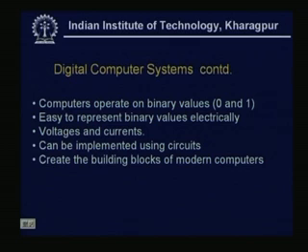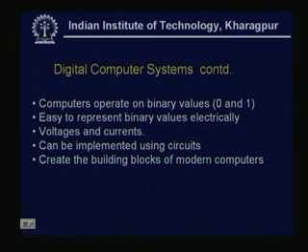Again, computers operate on binary values 0 and 1. Now, why is binary used? Because it is easy to represent electrically. Already in the introductory classes we have discussed this part, mainly voltage and current.